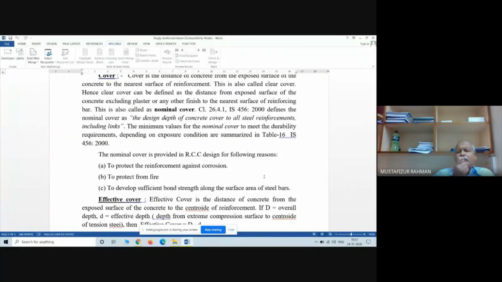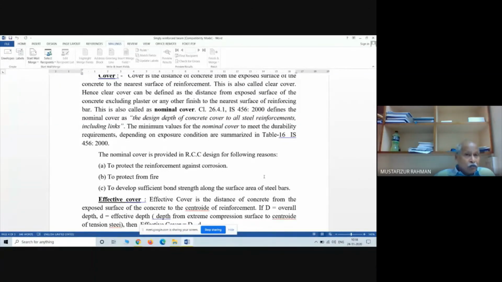We are providing main reinforcement, and together there we are providing the stirrup. That means from the extreme concrete surface to the outside of the stirrup, that is the nominal cover or clear cover.